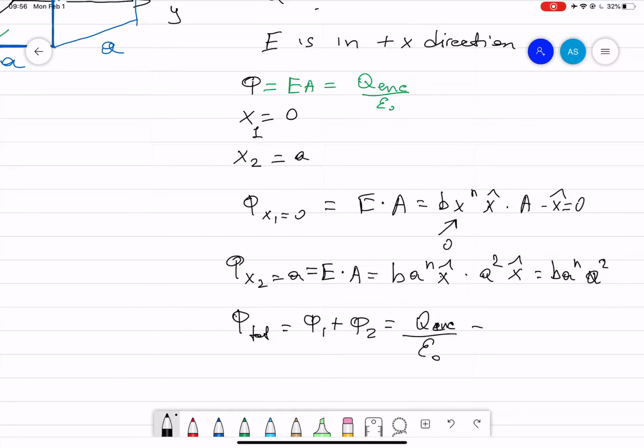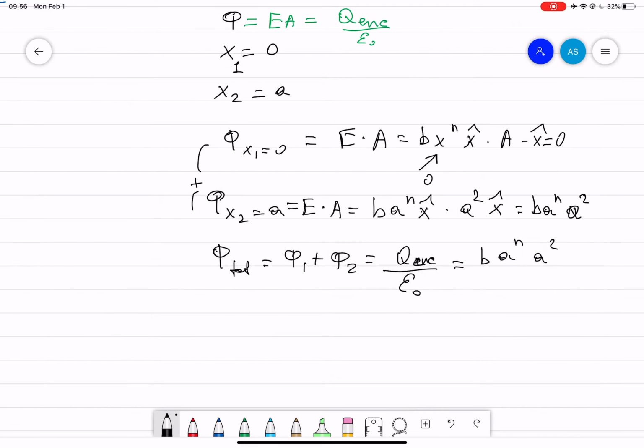Our total flux is just the summation of these two, which gives us B a to the power of n and a squared. Finally, you can say that Q enclosed is equal to epsilon naught multiplied by B a to the power of n and a squared. I think that's it. If you put in the numbers, then you should hopefully get the answer.